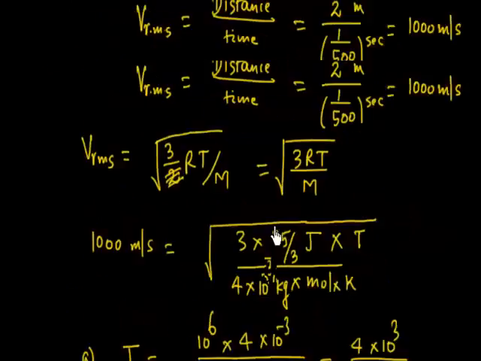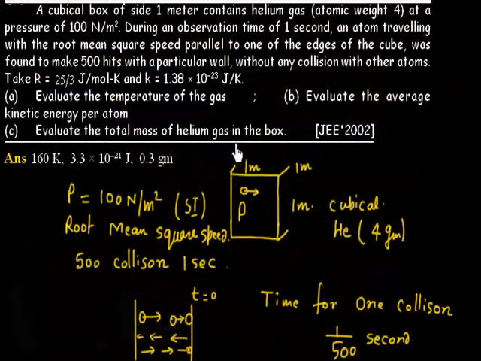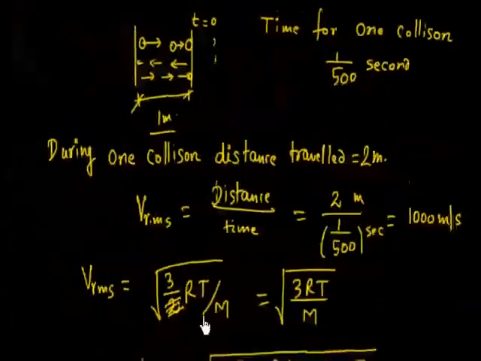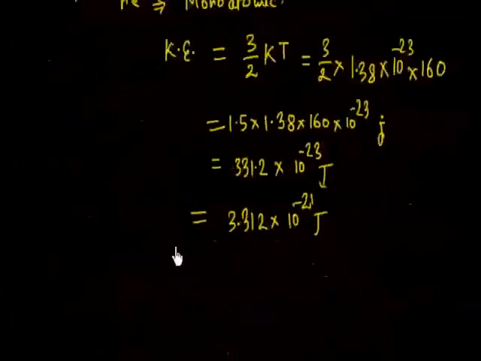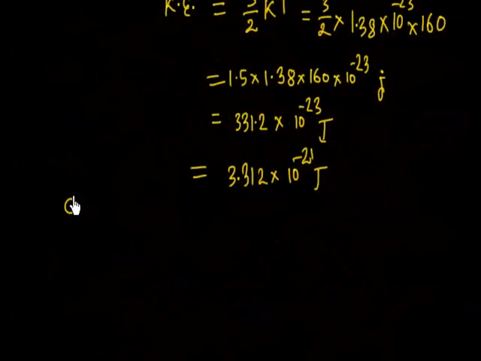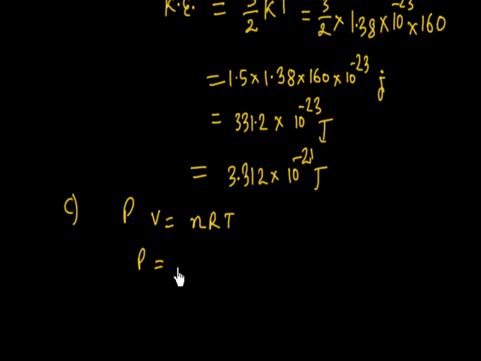Now what does part C say? Part C of the problem says evaluate the total mass of helium gas inside the box. So if you can calculate the total number of moles, things are basically done. So we have to calculate the total number of moles for part C. You can apply PV equals nRT, and the question says inside the box pressure is 100 Pascal, and R is given to you as 25 by 3.